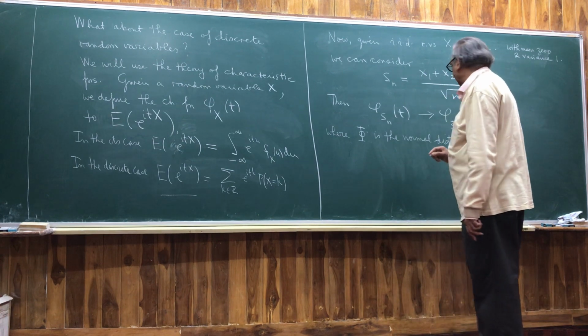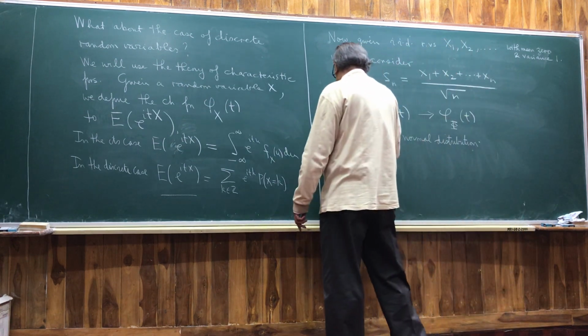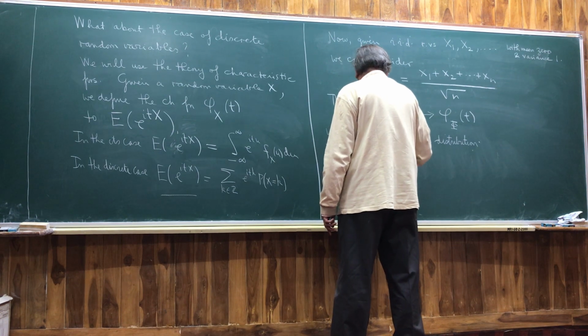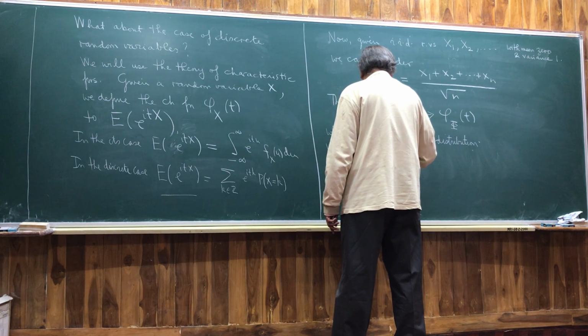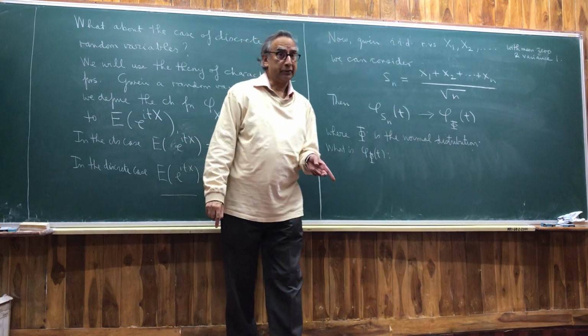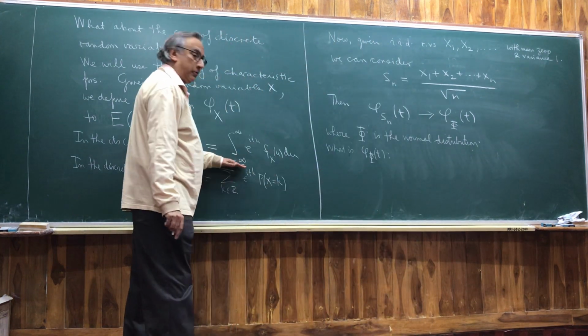But what is this phi? What is the characteristic function of the normal distribution? Well, it's a continuous distribution, therefore we go to this formula.